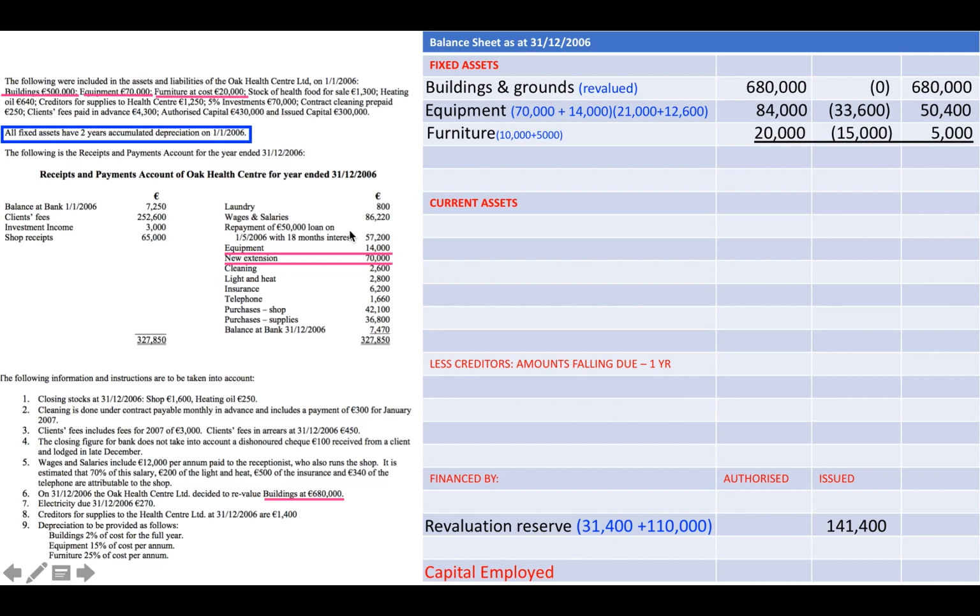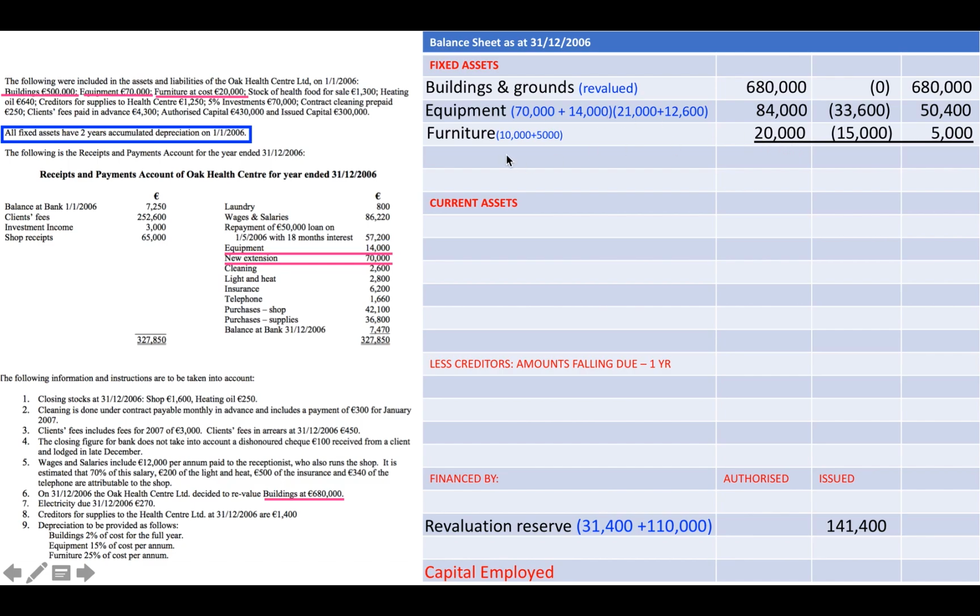Then we have our equipment. So our equipment is 70,000 and 14,000, which is 84,000. Then we have 2 years accumulated depreciation there in the equipment, 21,000, plus this year's depreciation, 12,600, which is 33,600. So net book value, 50,400. Then we have furniture. So 20,000 is the cost of furniture.